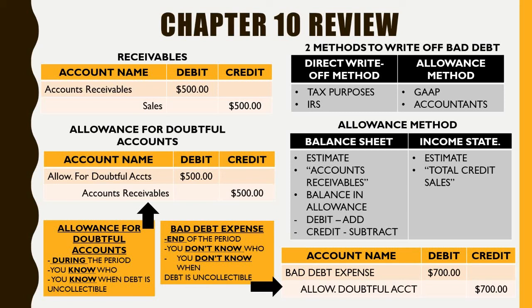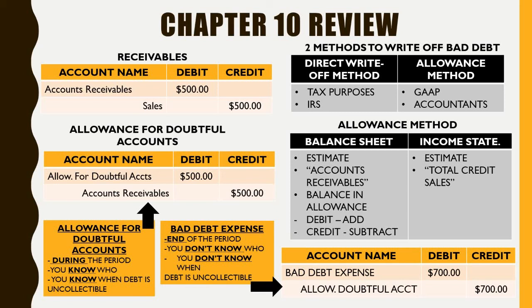But I also have to consider that a bunch of other customers could potentially default on my payment. At the end of the given period, you don't know who, when, or how much. So that's where you calculate an estimated amount, journalize it, and write off this actual bad debt as a loss, taking it out of your allowance for doubtful accounts.